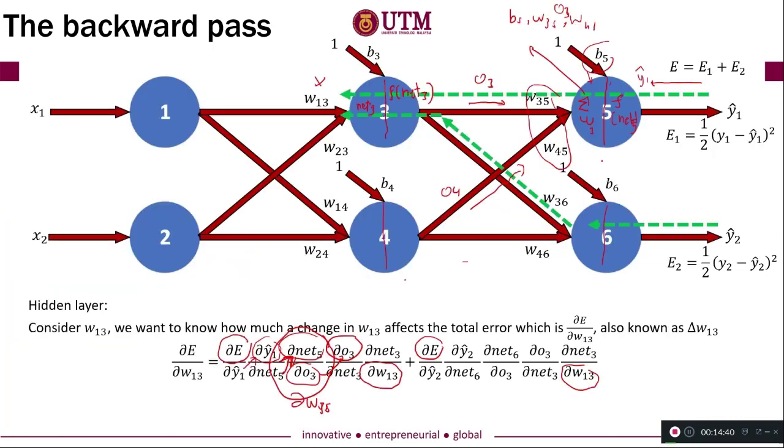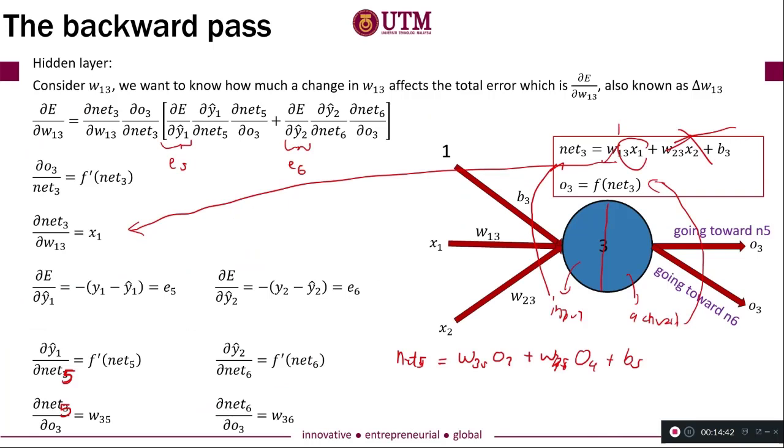So if you want to do the derivative of net 5 over O3, this one will be cancelled and this one will become 1, and what you are left with is W35. You can see that it's a little bit different from this one.